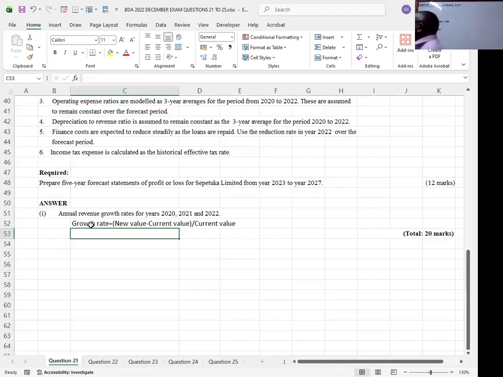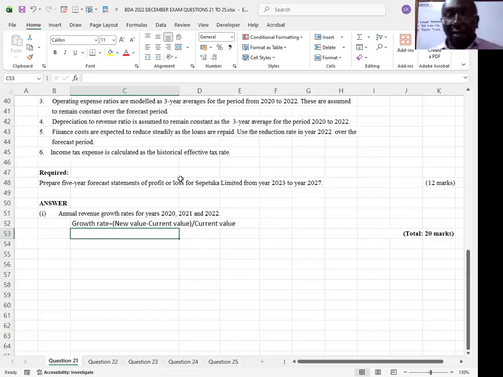That's one of the ways that we use to get the growth rates. Alternatively, if you don't want to use that, you could also use this one. The new value, you divide by the current value, you minus 1. Either way works.